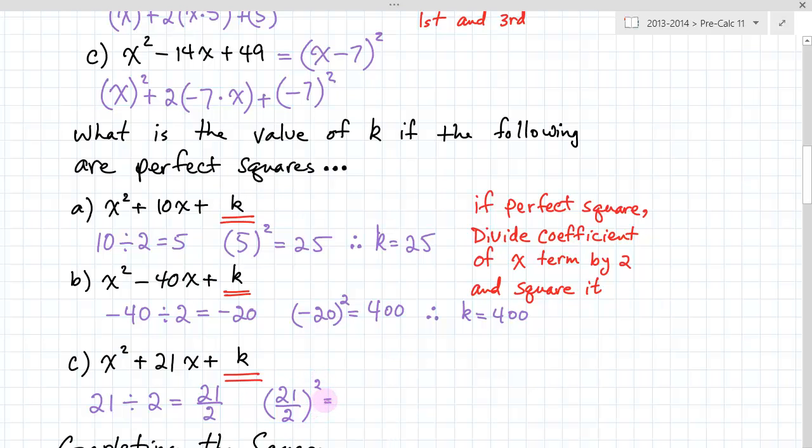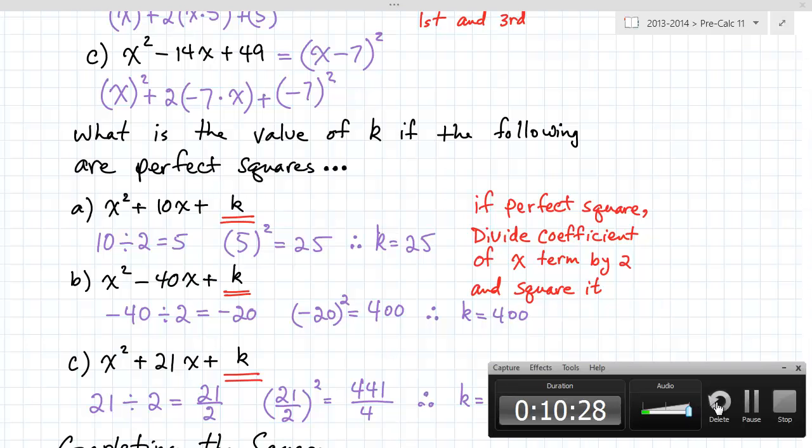What do I get? 441 over 4. Therefore, k is equal to 441 over 4. It doesn't have to be a whole number. What is it, Adi? All right.